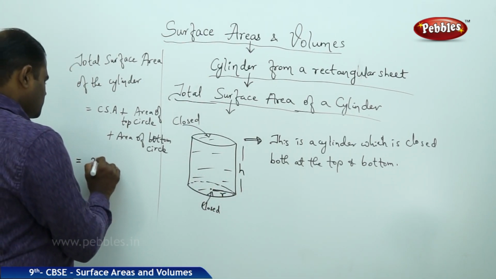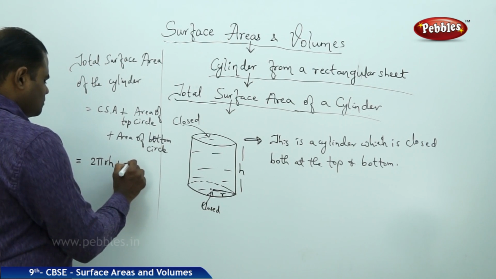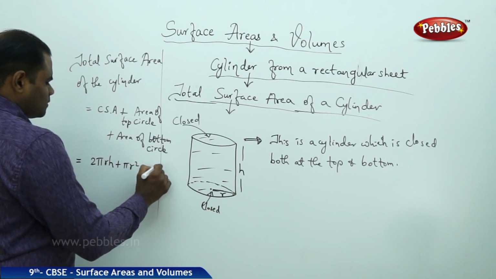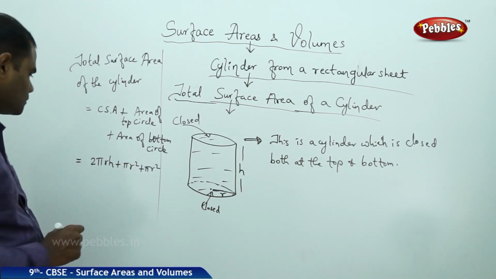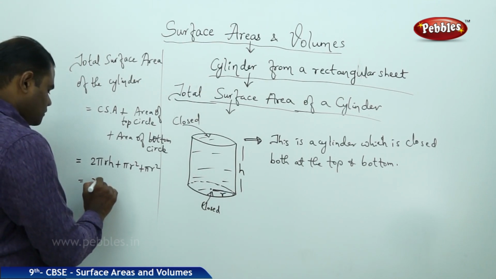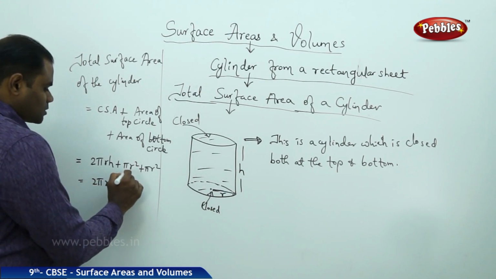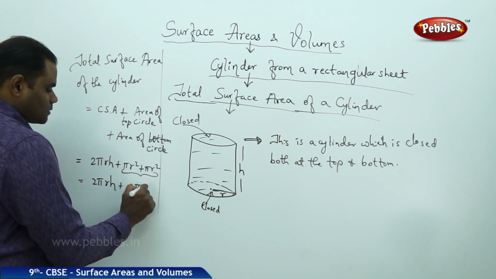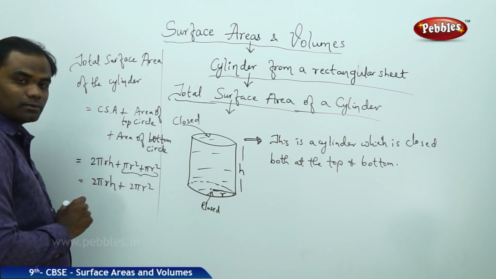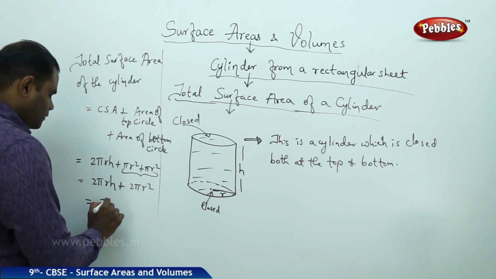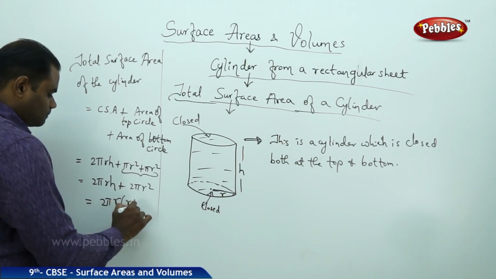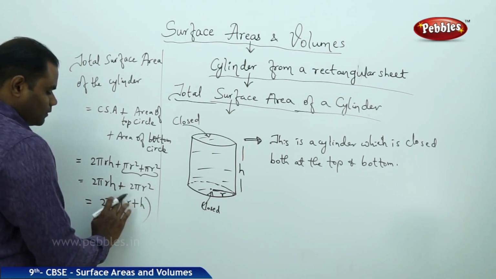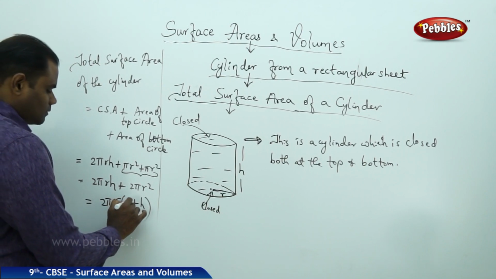So I get this to be 2 pi r h plus pi r square plus pi r squared. This can be simplified. Pi r squared plus pi r squared is 2 pi r squared, which can be further simplified by taking 2 pi r common, giving h plus r.